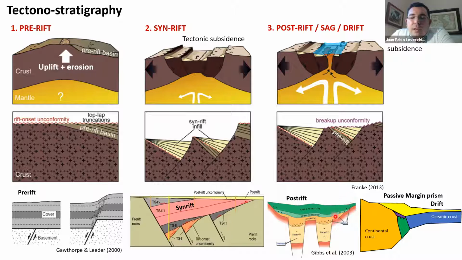If the rifting is aborted, meaning it's not successful, we get this post-rift wedge, which is what we call the horns of the rift, with this geometry with onlap against the basin flanks.